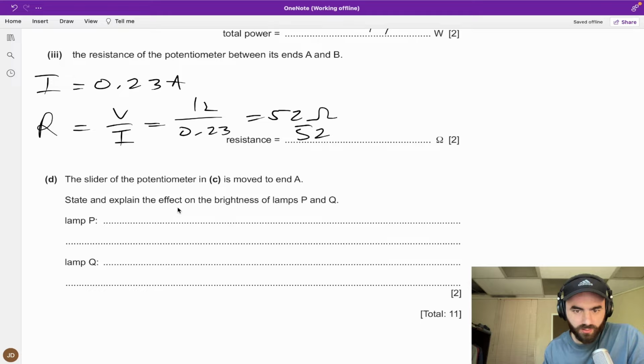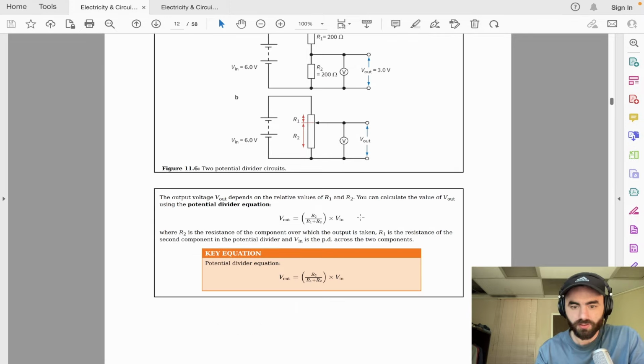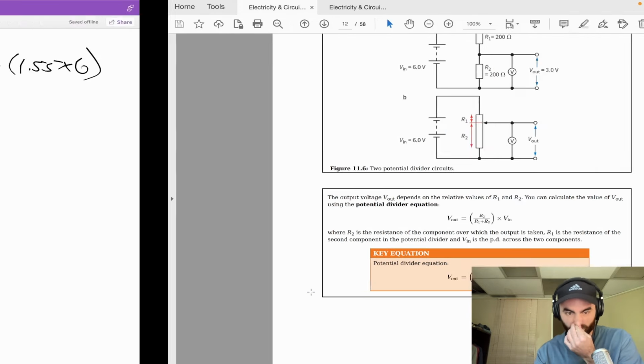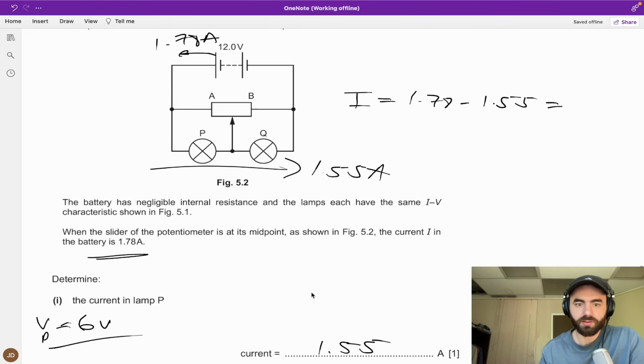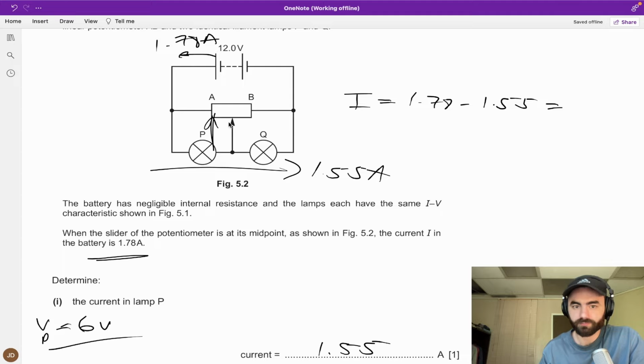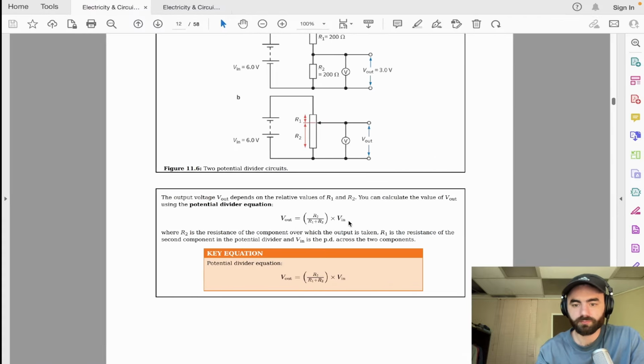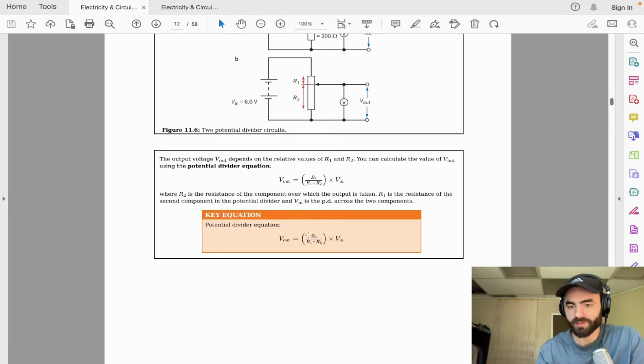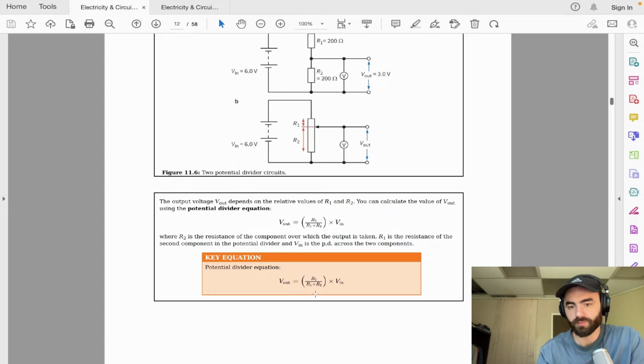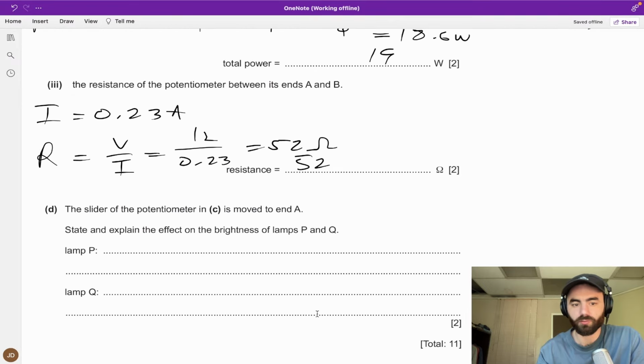The slider moved to end A. Explain the effect on the brightness. Well, let's just read through this. But basically, when we move the slider to this end here, R2 will be going to 0. If it's going to 0, then there's no voltage output.